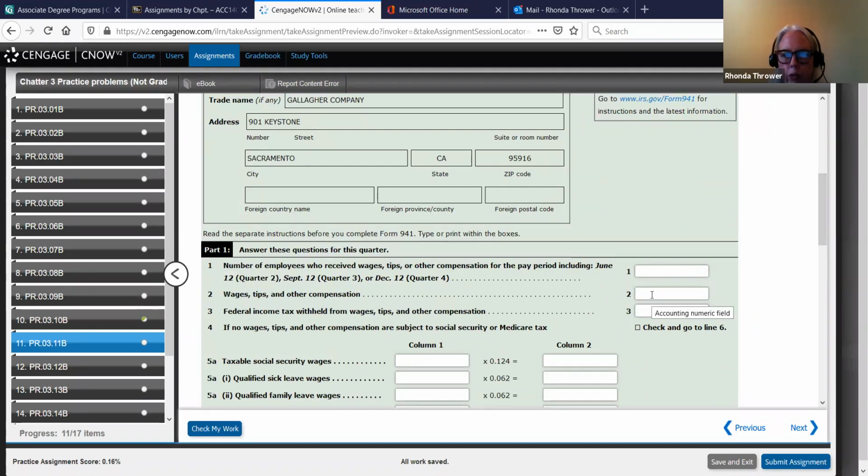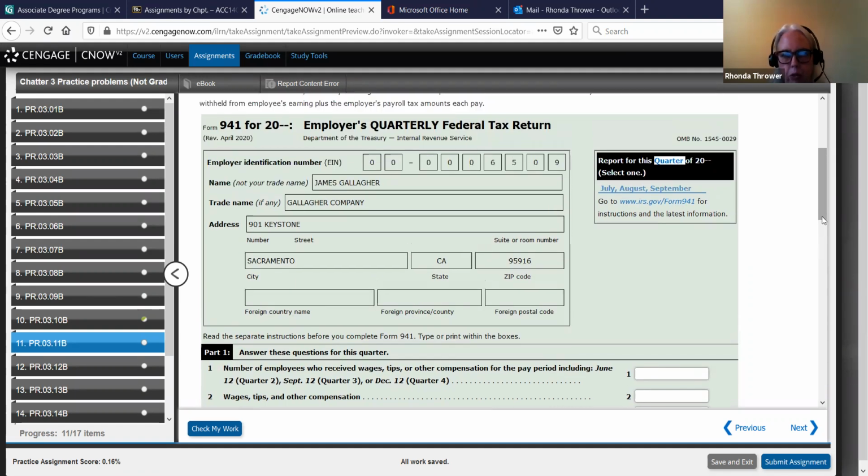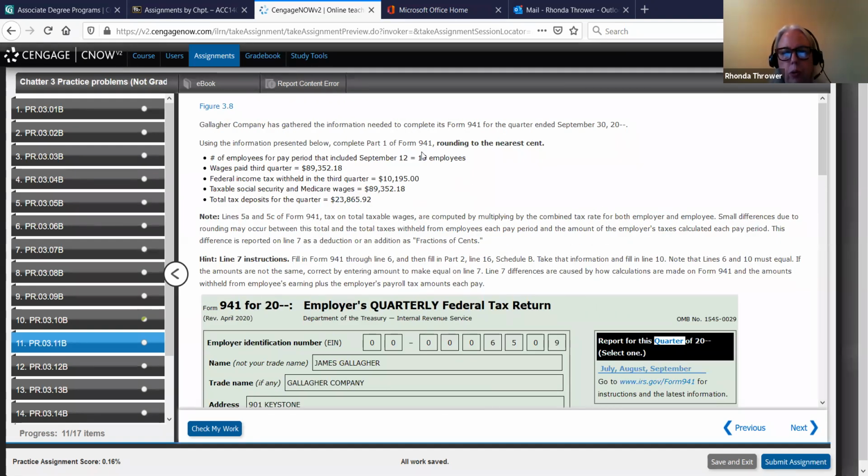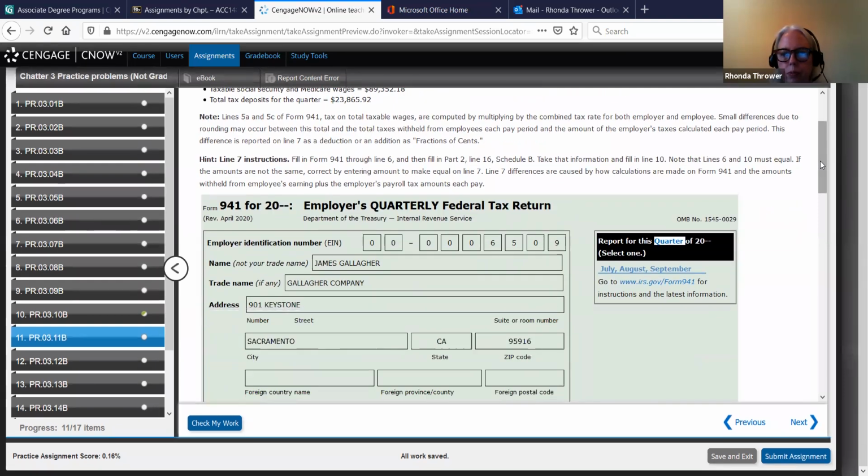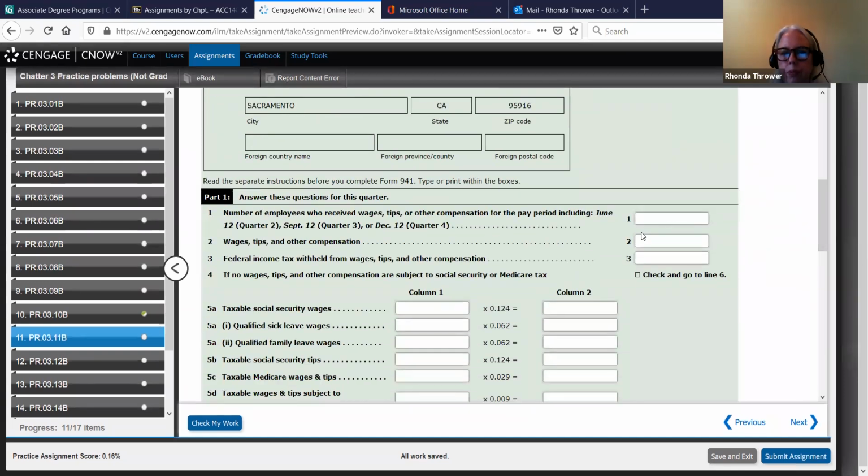That's the wages. But in part one, all they're asking for is the number of employees. So back to the instructions, the number of employees is 15 employees. So I'm going to put 15 in here for the number of employees.